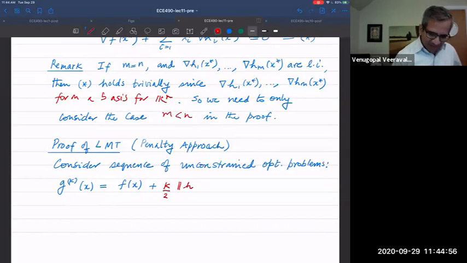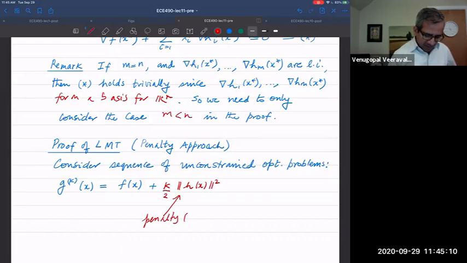I'm going to add the norm of h of x squared. You can think of this term as a penalty for violating the constraint, because the more you violate the constraint, the larger the norm of h of x will be.